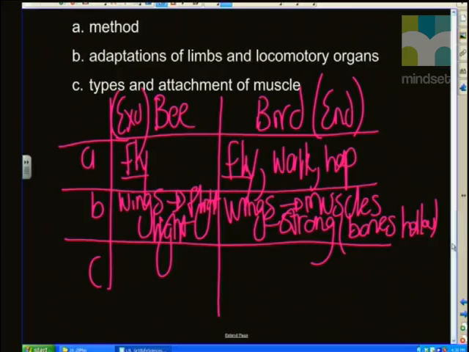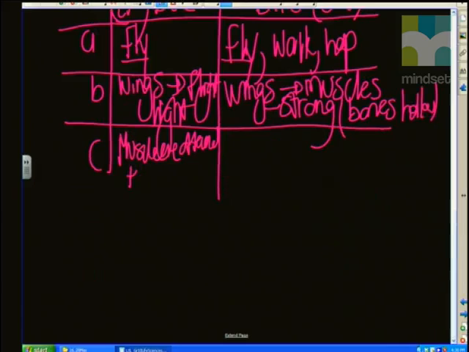Question C, types and attachment of muscles. Where will the muscles be attached here? The muscles are attached directly to the exoskeleton, and here it would be a leathery one.